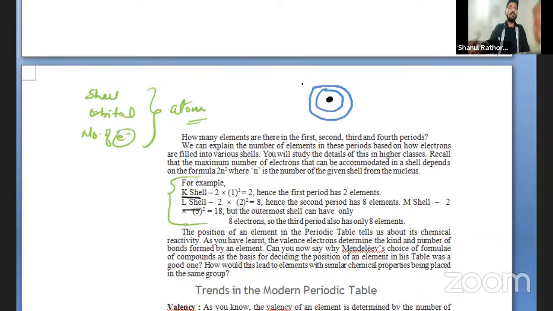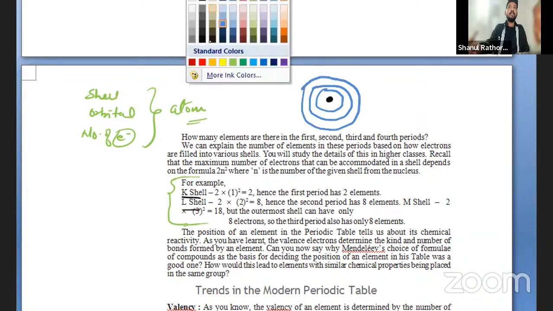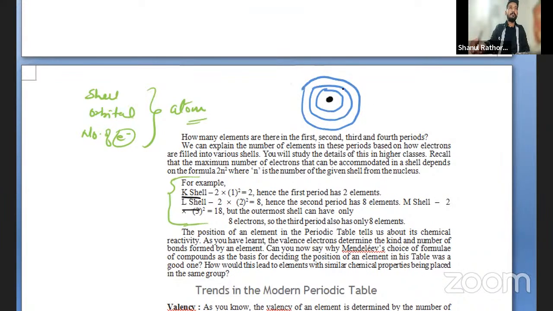These are the shells. Let us name them: this is K, this is L, this is M. The K shell is the innermost orbital and nearest to the nucleus.